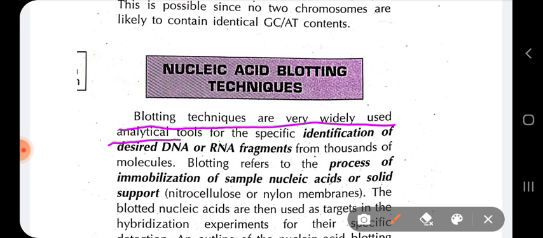They are analytical tools used for specific identification of our desired DNA or RNA fragments from thousands of molecule species. Well, if you want to identify specific regions of your desired DNA or specific regions of your RNA fragment from thousands of molecules, then we go for this blotting technique.